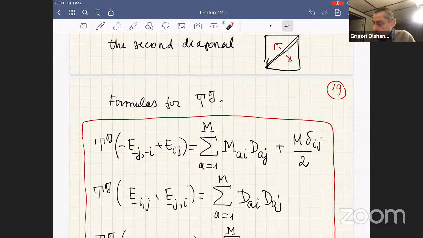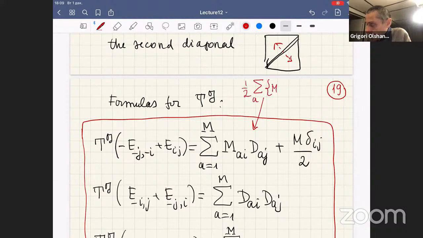These extra terms appear only if i and j are the same, and we need the factor of m divided by 2. One can remark that all this is exactly the same as one can write the sum and 1/2 M_ai.